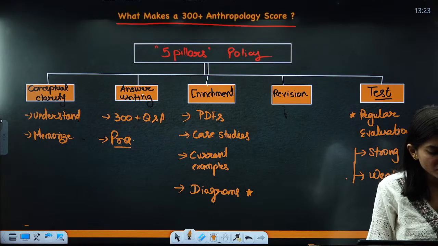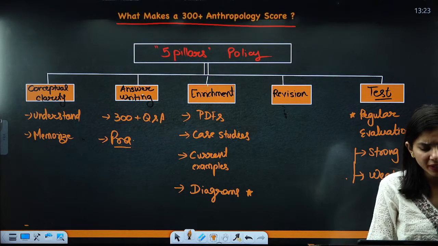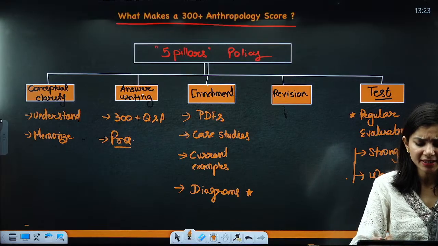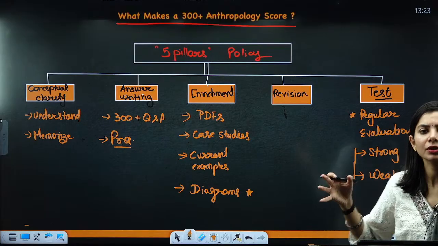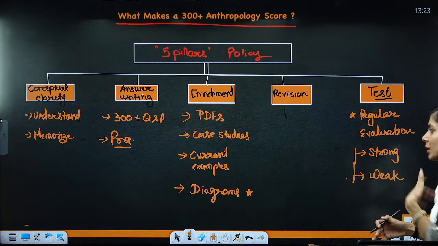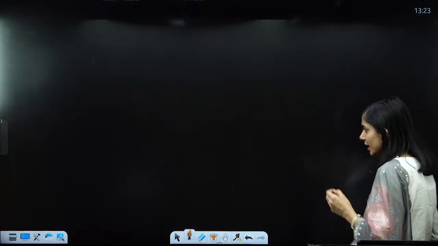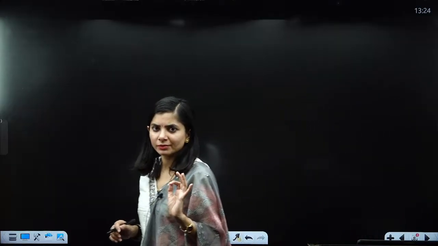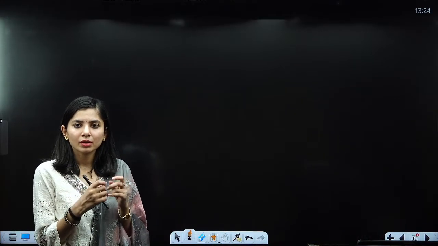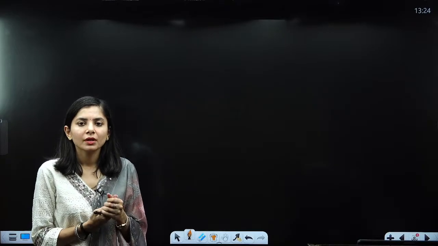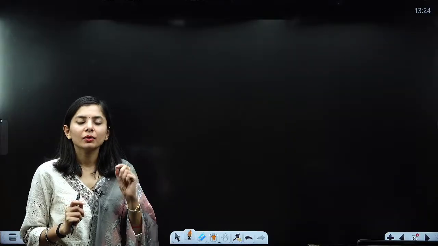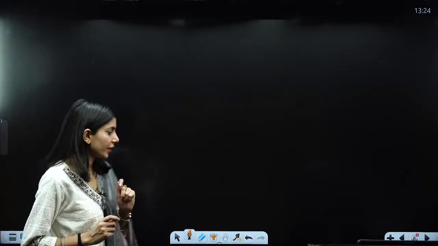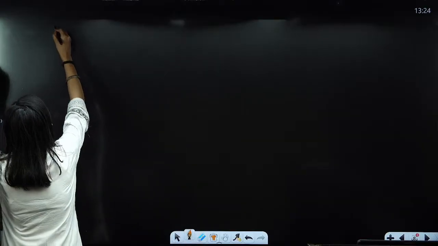Now for that, let's do one simple exercise. That's how it would help you see how much you know and how much you need to improve. Here I'm writing one question, and I'm giving you 2 minutes. Just prepare the blueprint, write the points you know about it. The question is a very simple open-ended question.